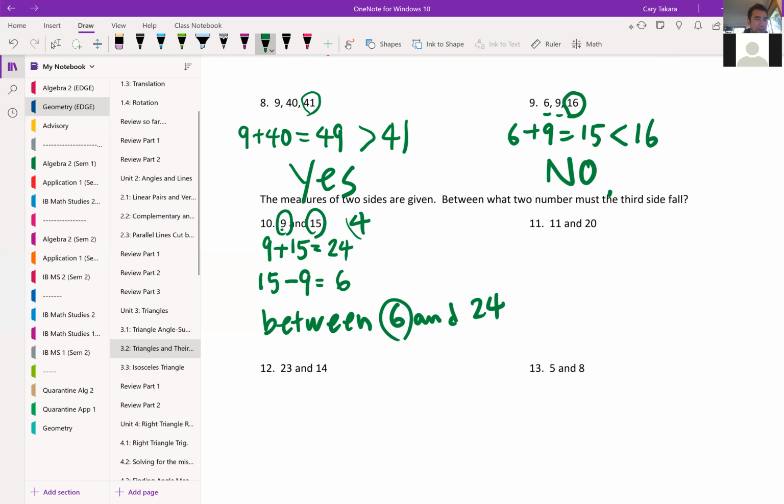So 4 is not going to work out. And if you pick a number bigger than 24, like 25 or 26, it's not going to work out, because now 26 is the biggest side, and if you add 9 plus 15, it's not going to be bigger than 26. So 26 will not work out. Does that make sense?